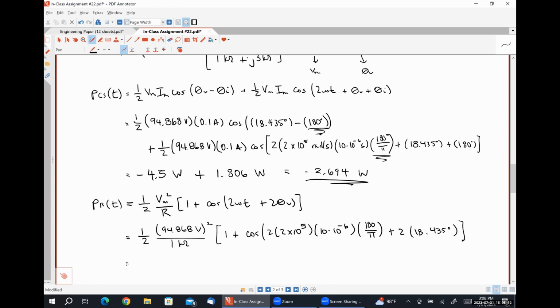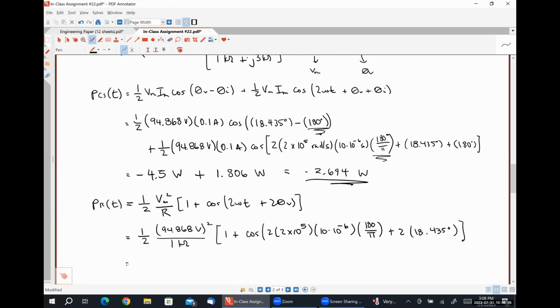So again, I'm going to split this thing up into two parts. So 1/2 times 94.868 quantity squared divided by 1,000 is 4.5.